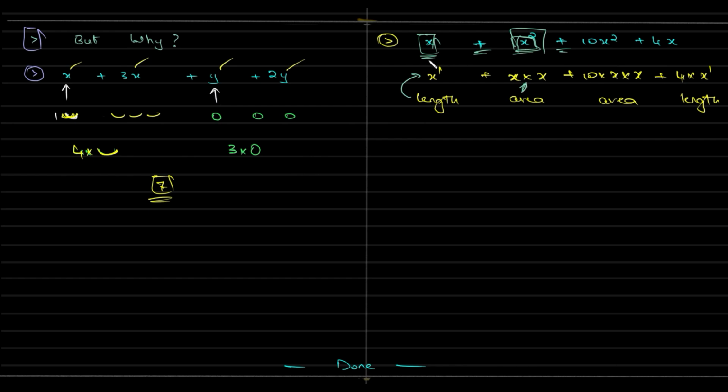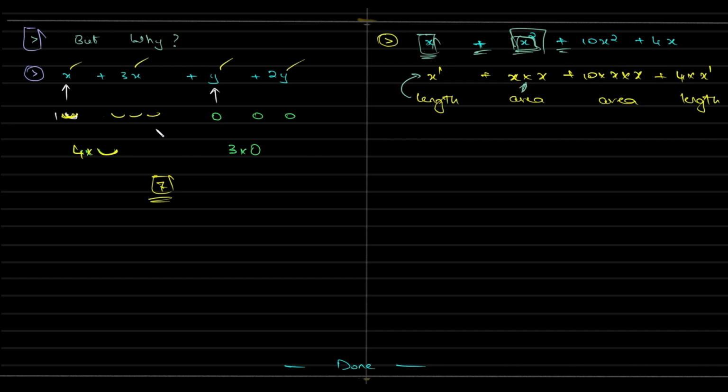But if you have the same variable but different power, they are in different dimensions, right? So different dimensions, we cannot add them. But yes, you can multiply different dimensional quantities, and you can multiply different variables. So multiplication is another thing altogether, addition is another thing altogether, right?